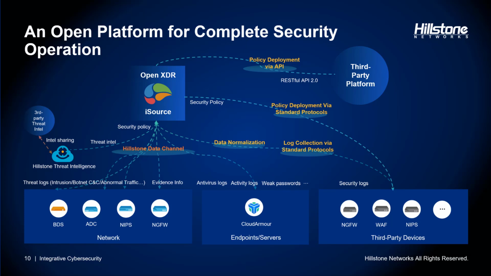The openness is not just one way. It also goes in the other direction during response and remediation. iSource can push policies and enforcement instructions to Hillstone devices, as well as third-party platforms like firewalls, using APIs and standard protocols.